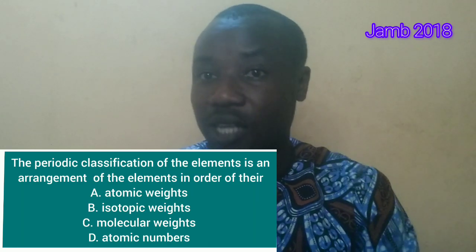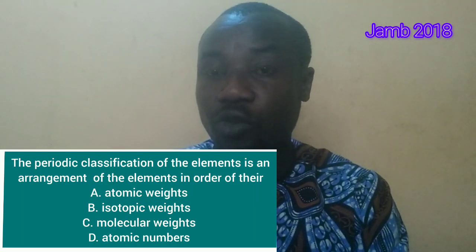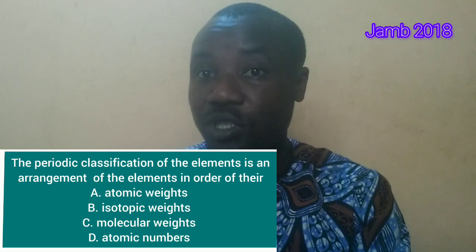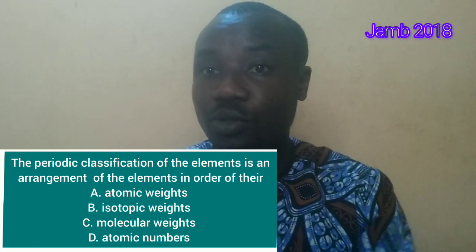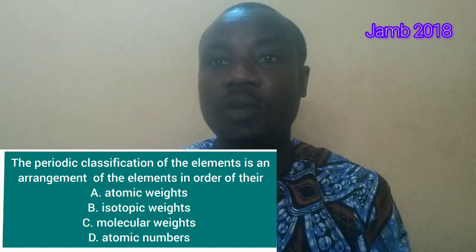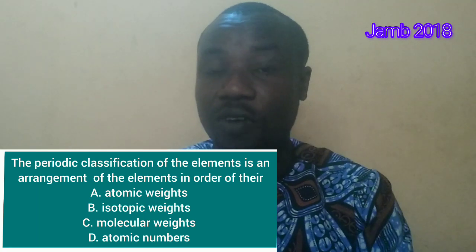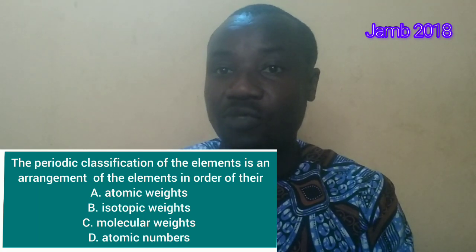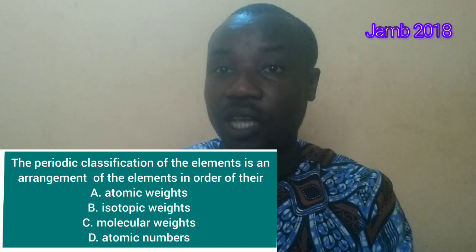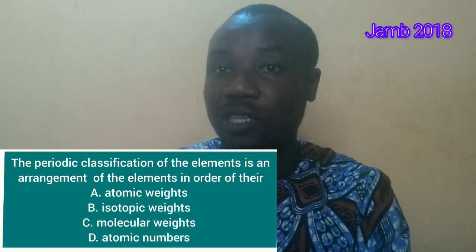Let's just take a rundown of group 1 elements, where we have hydrogen, lithium, sodium, potassium. Looking at the series, you discover that hydrogen is 1, the next one is 3, that is lithium, while the next one is 11, the next one is 19, that is using the atomic number.